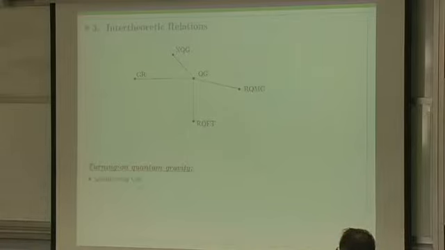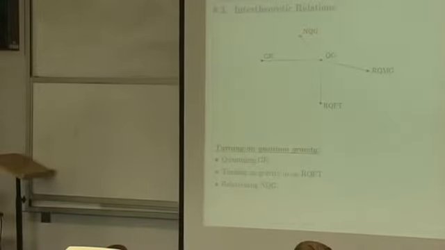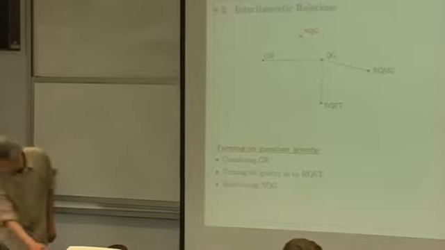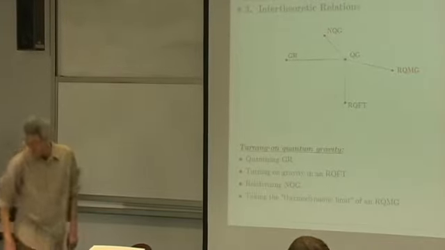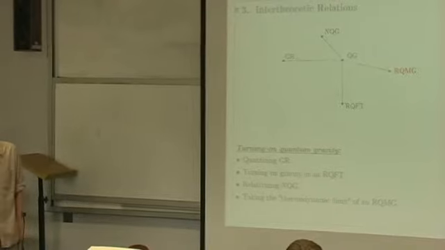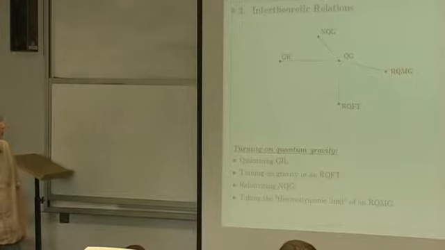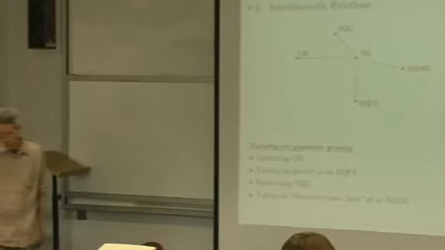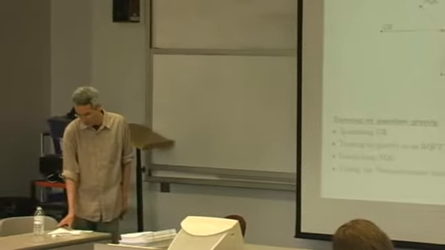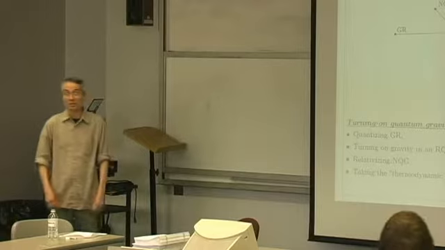By quantizing general relativity, by turning on gravity in a relativistic quantum field theory, by relativizing Newtonian quantum gravity, or by taking some sort of thermodynamic limit of a relativistic quantum particle theory of gravity. That would be the fourth way. Now, what a relativistic quantum particle theory of gravity would amount to is anyone's guess. So that's all I'm going to talk through.